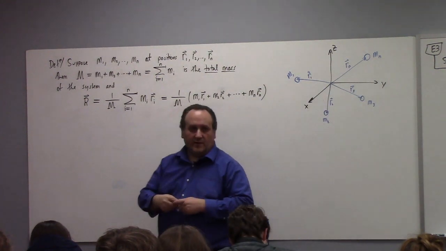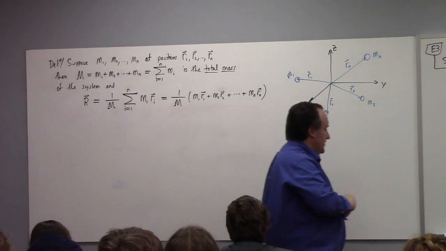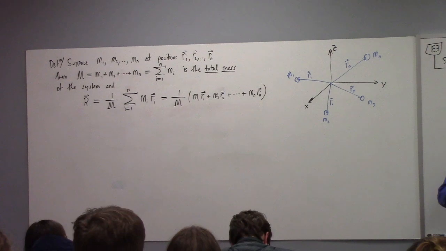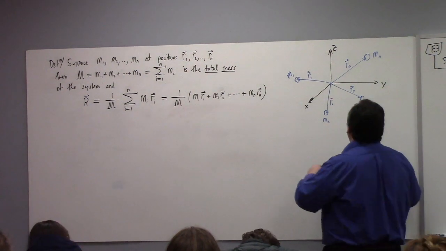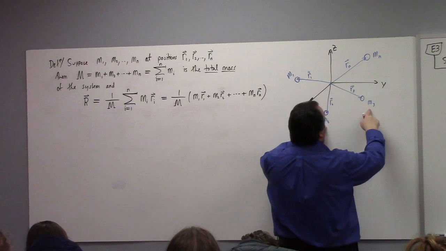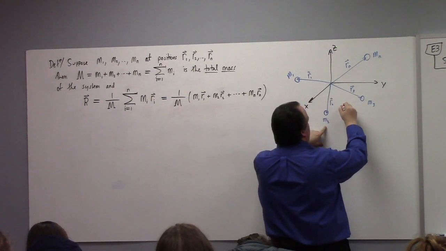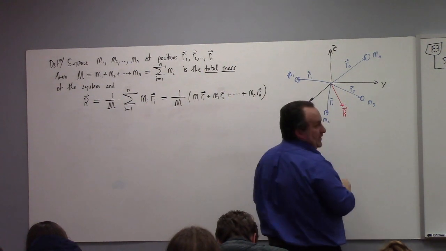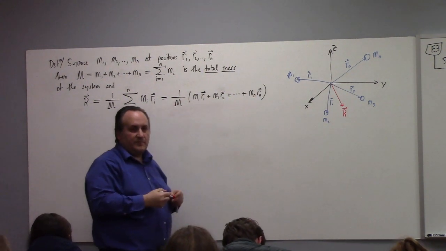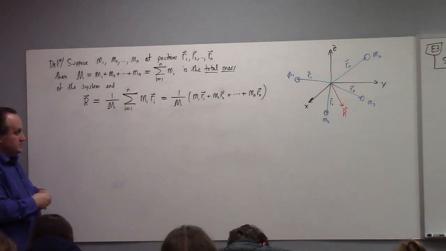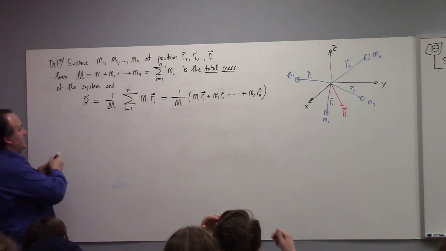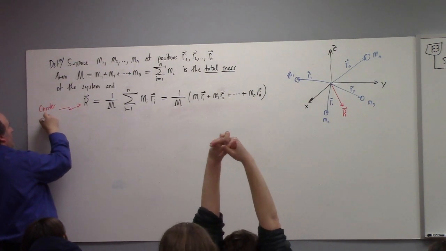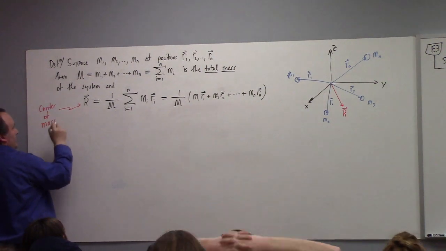I'm not sure where R is in my picture. It really depends on how massive these different masses are. For example, if M2 and M3 are ginormous, maybe this is where the center of mass position is. I don't know without further details. But this is the center of mass for the system.